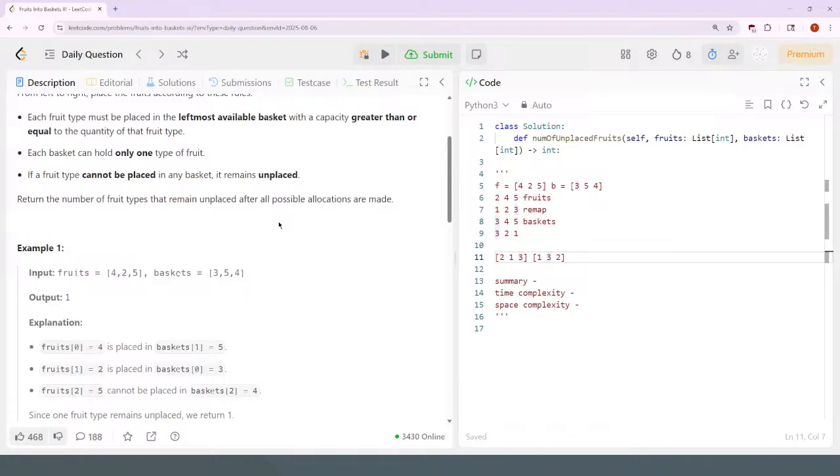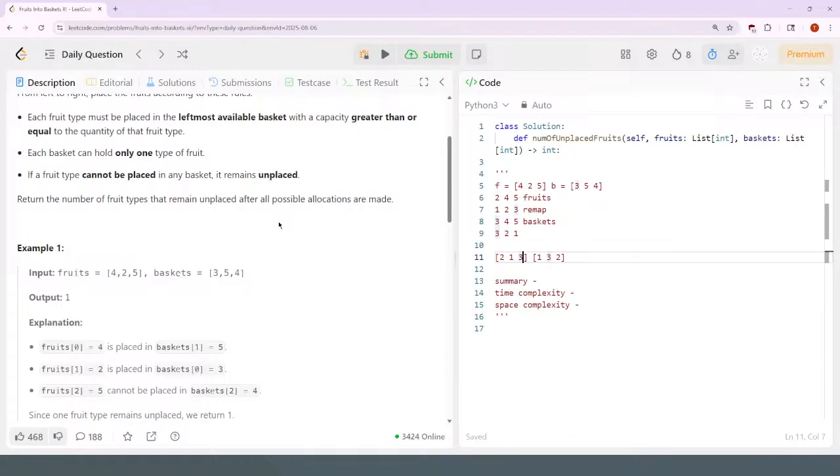So you can work backwards. So for each index, find where the first of that number exists or a bigger number for each fruit value.